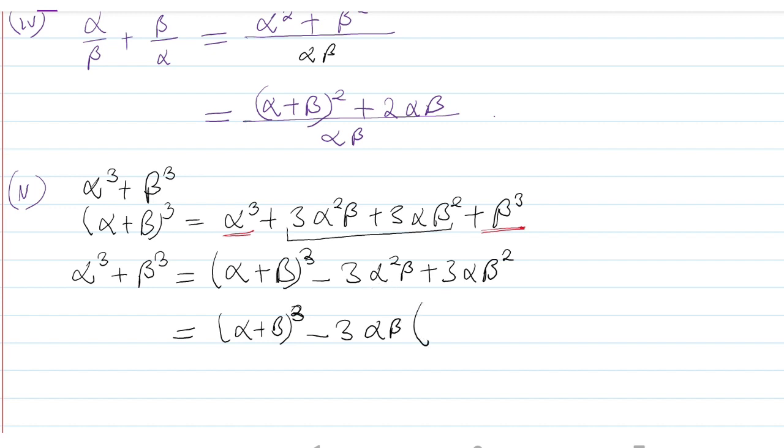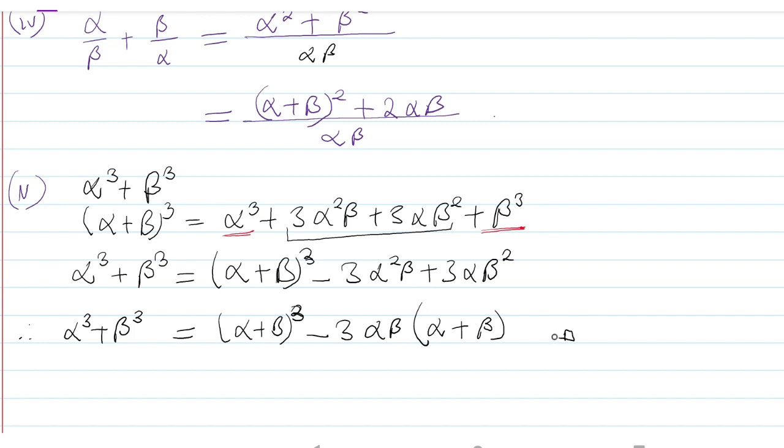What do I remain with here? I remain with alpha plus beta. So therefore, alpha cubed plus beta cubed is equal to that. You can see that the expression only contains alpha plus beta and alpha beta.